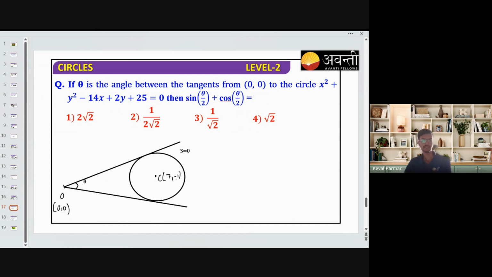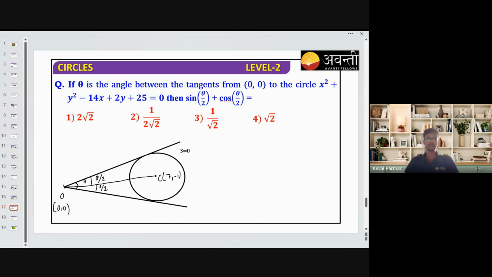We have to find sine theta by 2 and cos theta by 2, right? So, first, in such questions, we join the segment OC. Now, if we join OC, please remember this will bisect the angle. That means this angle will be theta by 2 and this angle will also be theta by 2.